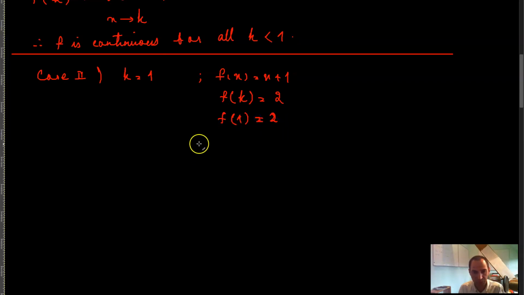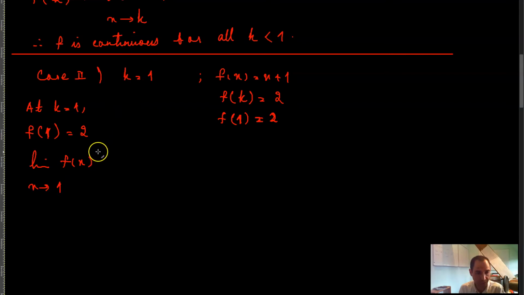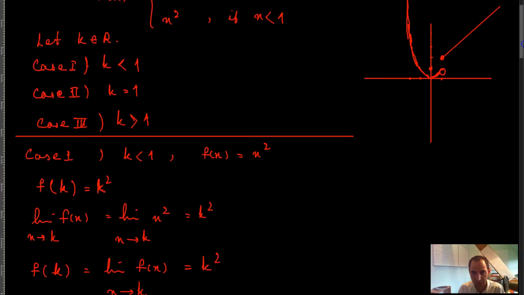So if f of 1 is equal to 2, so what that means is that f of 1 is equal to 2, and therefore, now at k is equal to 1, I can say that f of 1 is equal to 2, and the limit of f of x as x tends to 1, meaning that tends to k, is, and of course I have to consider that from the right or left because it's a point, right?